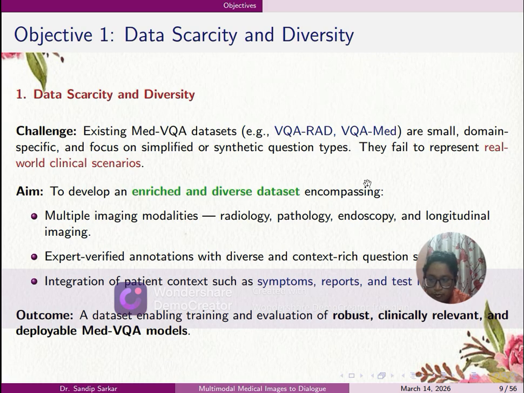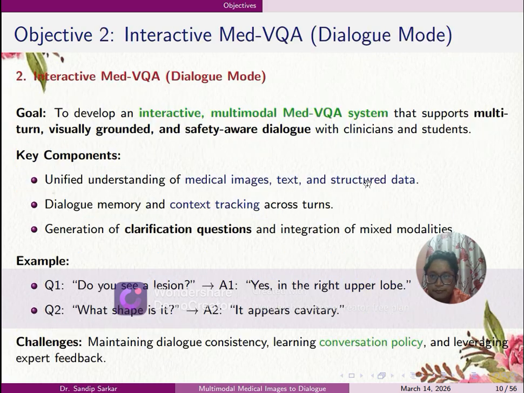As a result, models trained on such datasets struggle when exposed to real world diagnosis scenarios where questions require deeper reasoning. So our main aim is to develop an enriched diverse dataset which is composed of radiology, pathology, endoscopy, and longitudinal imaging.